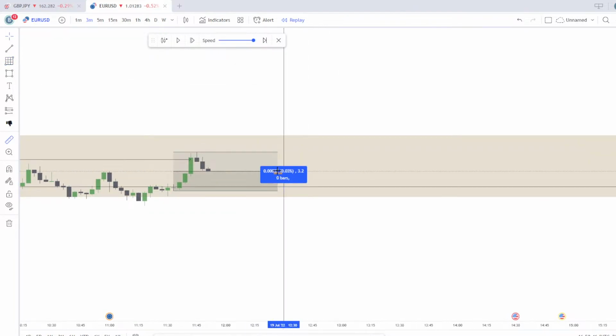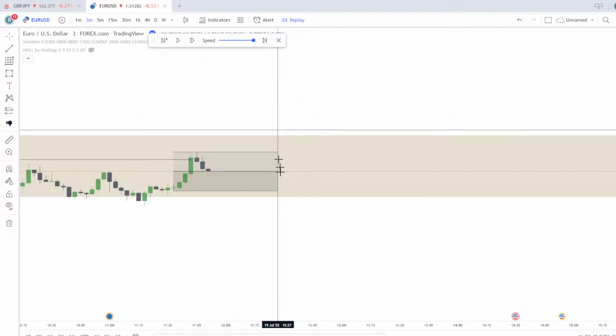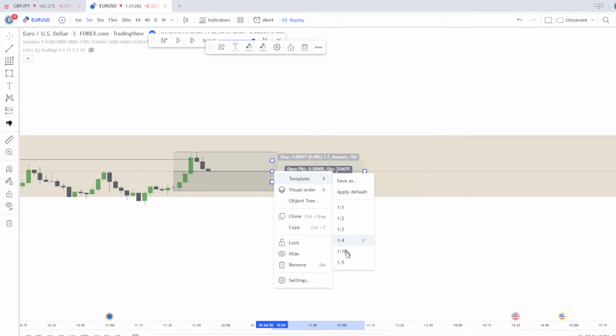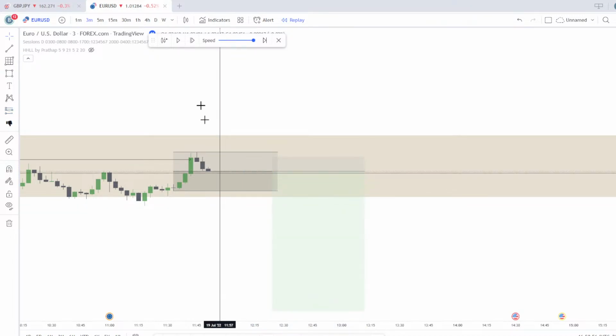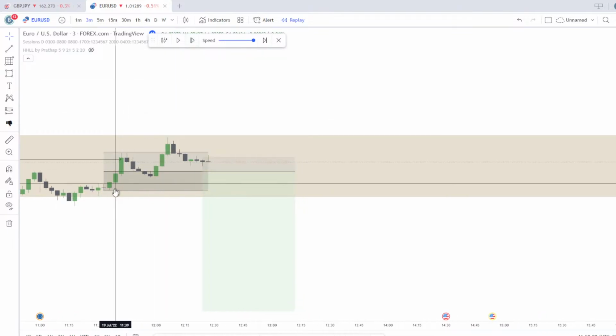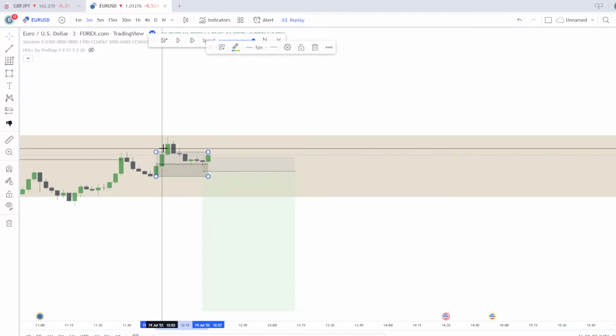How big is the range? It is 26 pips. So if the range is broken, right here, there's 10. Okay, fast forward. Next one here.